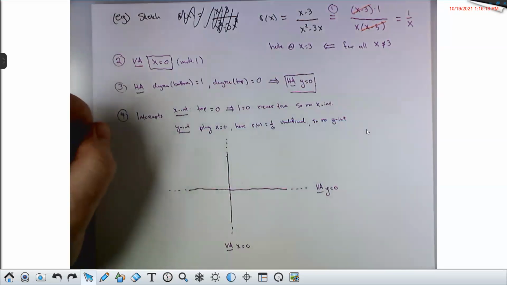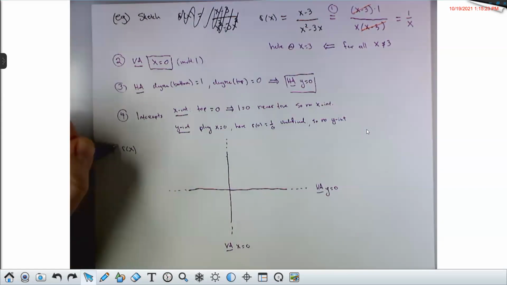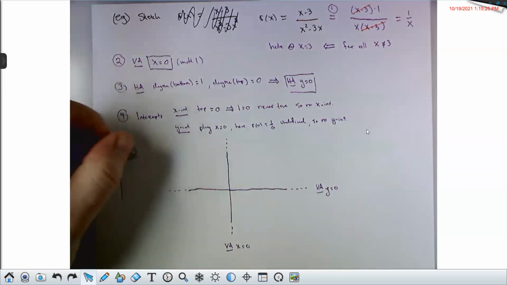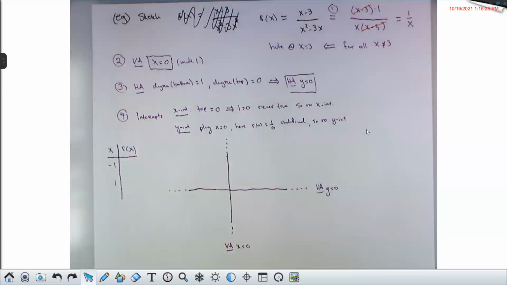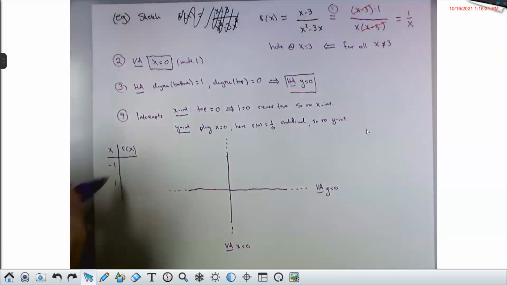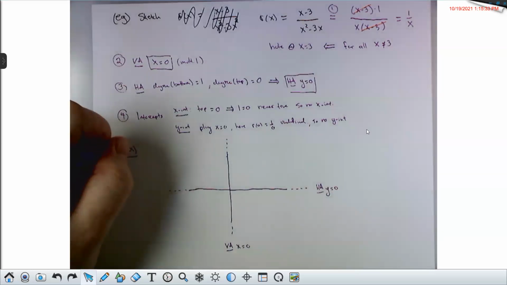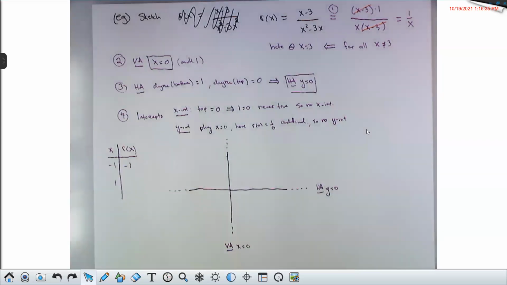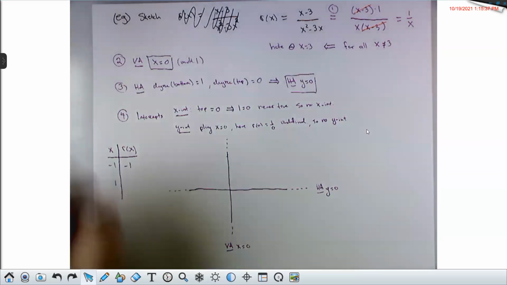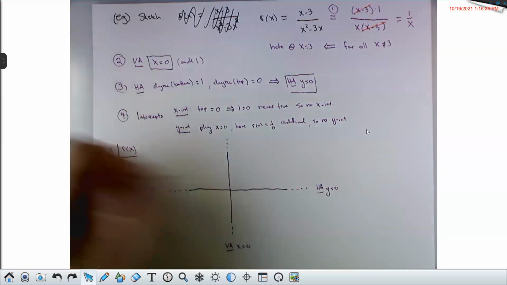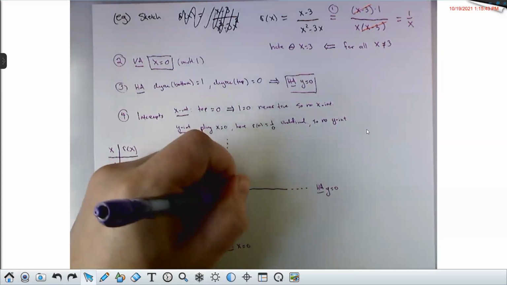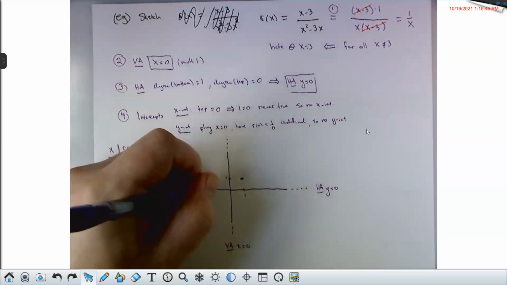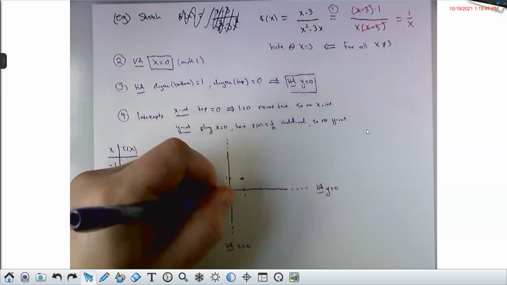Let me make a very small table, and this is as big a table as you should ever make when graphing a rational function. I'm going to plug in 2 numbers. When you plug -1 into 1 over x, you get 1 over -1, which is -1. When you plug +1 into 1 over x, you get 1 over 1, which is 1. So I can start by plotting 1, 1, and -1, -1.